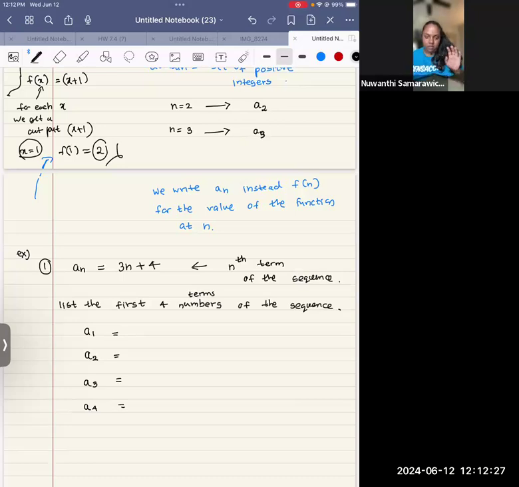Yes, I see. Correct. So the first term, when n is equal to 1, you just substitute n is equal to 1 here. So 3 multiplied by 1 plus 4, you will get 7. Okay.